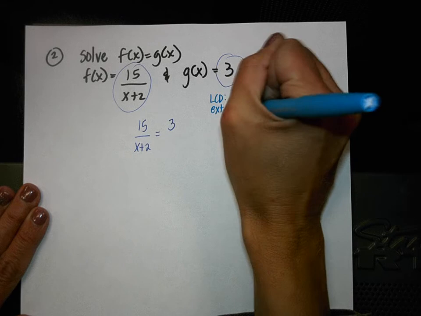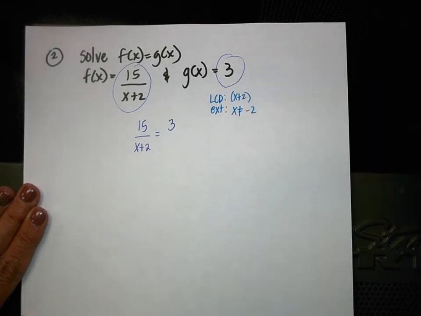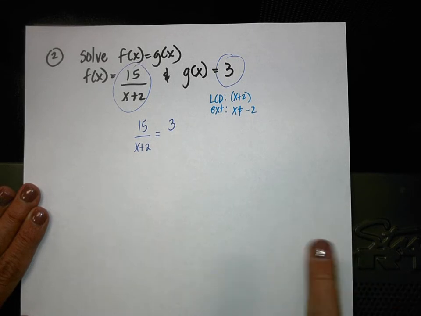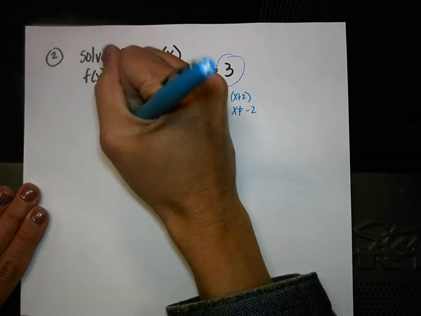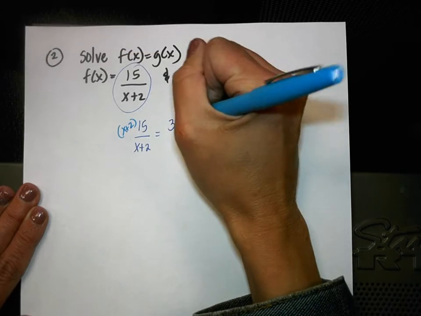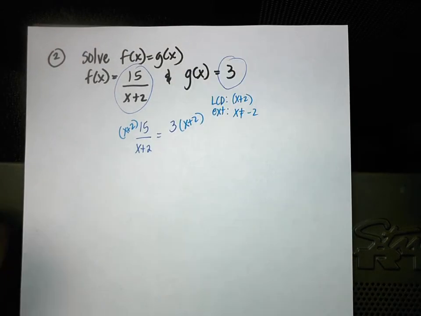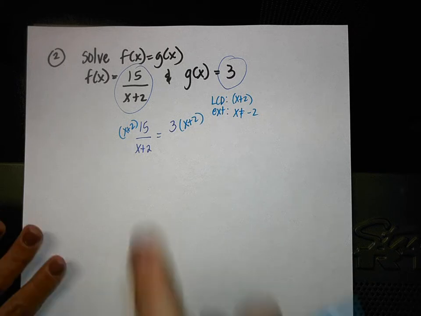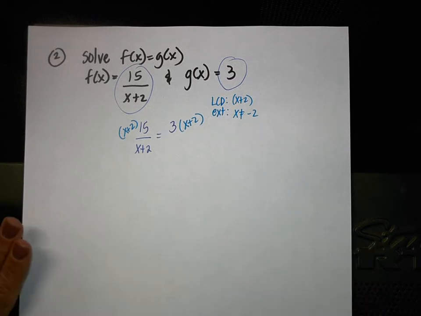Very good. X cannot equal -2. So now that we know the LCD, and because there's an equal sign, we can eliminate our fractions by multiplying by the LCD. So I'm multiplying x plus 2 to both these terms. So even though 3 isn't a fraction right now, we could make it a fraction, but just make sure you're always multiplying it to every term.